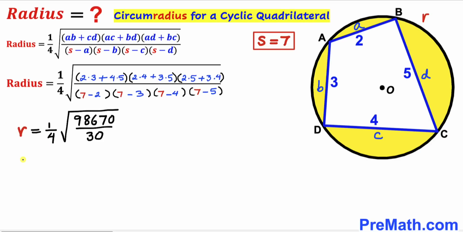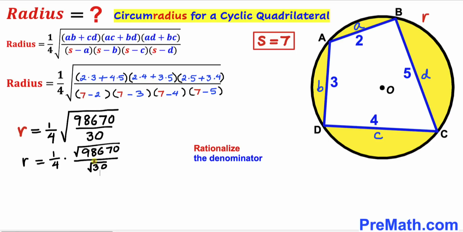Now here's our next step. Our radius r is going to be 1 divided by 4 times, I'm going to split this radical, the square root of 3,289 divided by the square root of 30.